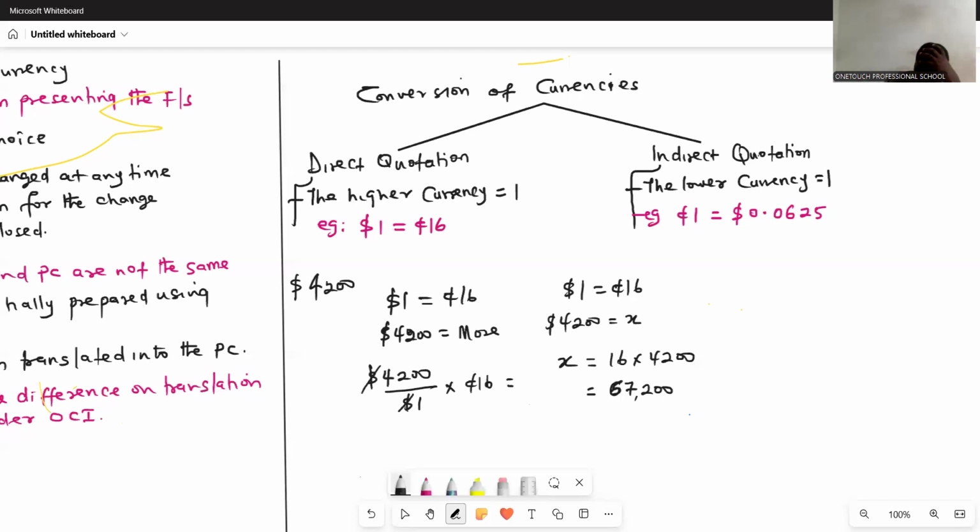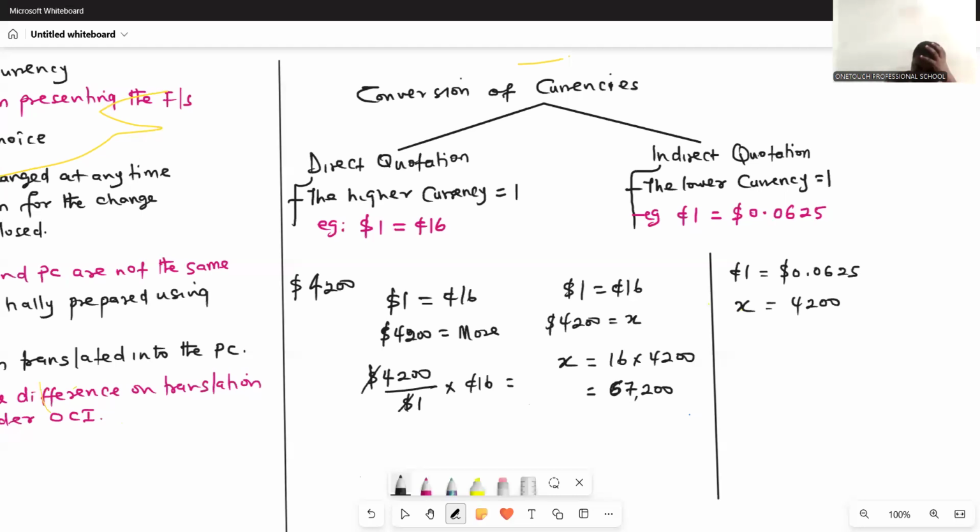Let's use the indirect approach to translate the same 4,200. So we are saying that 1 cedi is equal to $0.0625. Then what will be X, which has $4,200? Let's cross multiply.